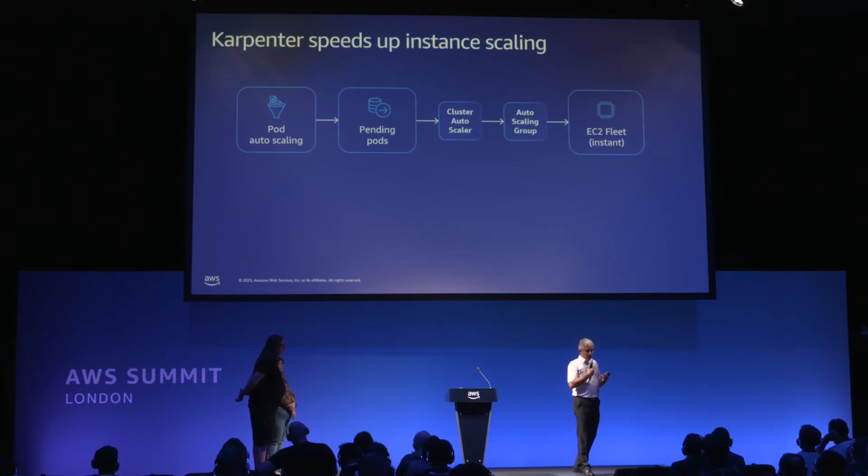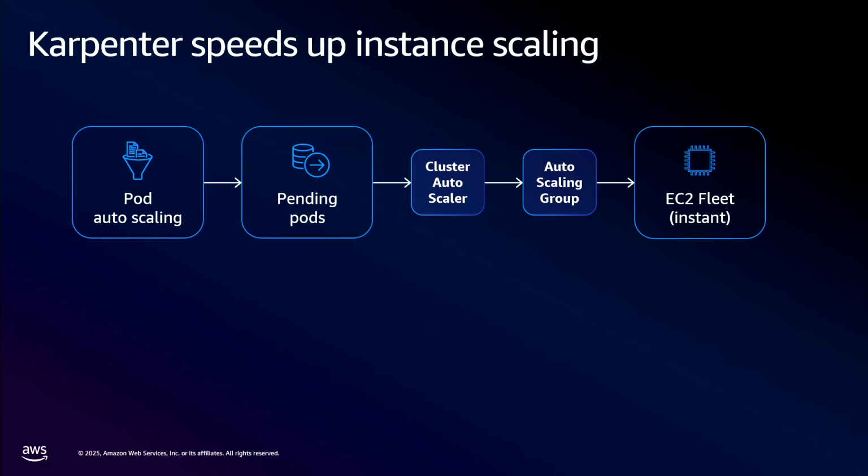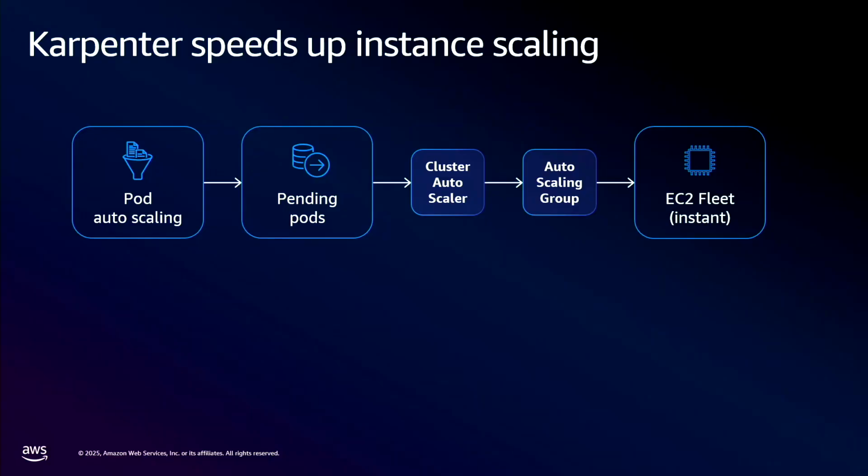And now getting to Karpenter, I would like to tell you how that really revolutionizes the way you scale your infrastructure. But before that, let's talk about how the Kubernetes standard cluster autoscaler works. So as you see on the diagram, first the pod autoscaling is triggered.